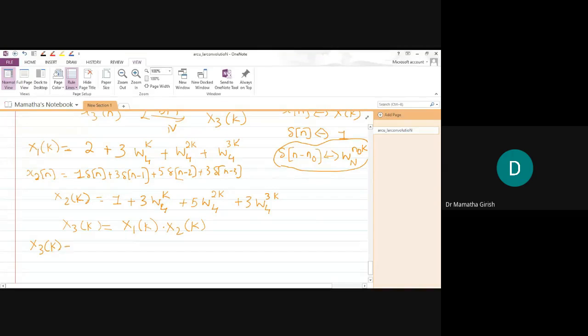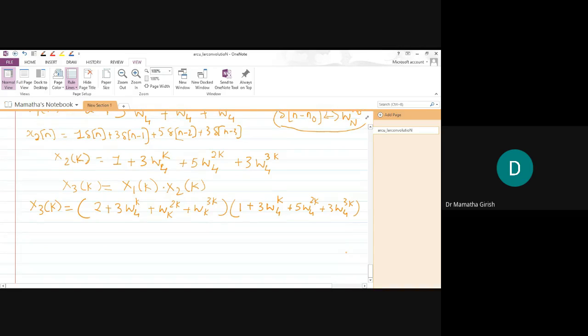Now for x3 of k, what is x1 of k? I'll just take down the sequence as it is. 2 plus 3 times w4 to the power of k plus w4 to the power of 2k plus w4 to the power of 3k, multiplied by x2 of k, which is 1 plus 3 times w4 to the power of k plus 5 times w4 to the power of 2k plus 3 times w4 to the power of 3k.